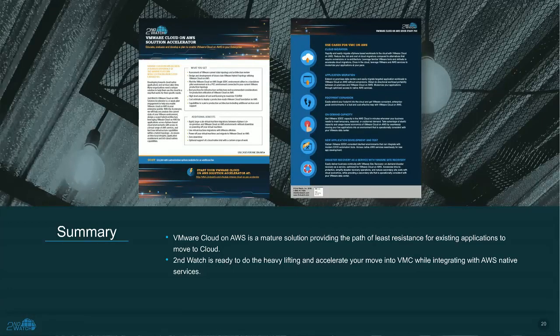There's literally no major transformation work to be done. You only get the benefits of being in the public cloud. And of course, you need someone that understands AWS, the ecosystem, the security concerns, and SecondWatch as that consultant, we're really ready to do the heavy lifting, to put those pieces in place and to get you into the cloud, and then to get all those benefits.